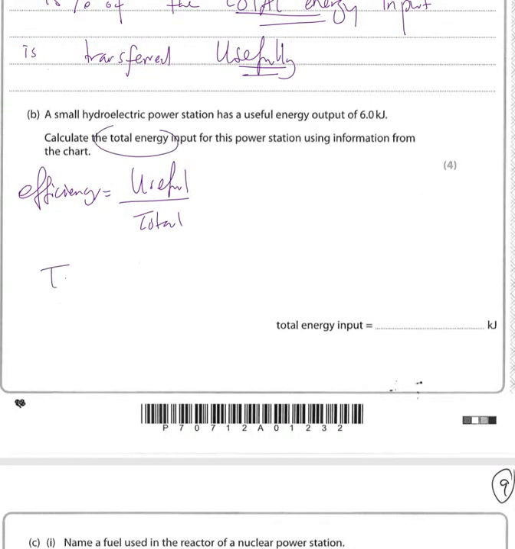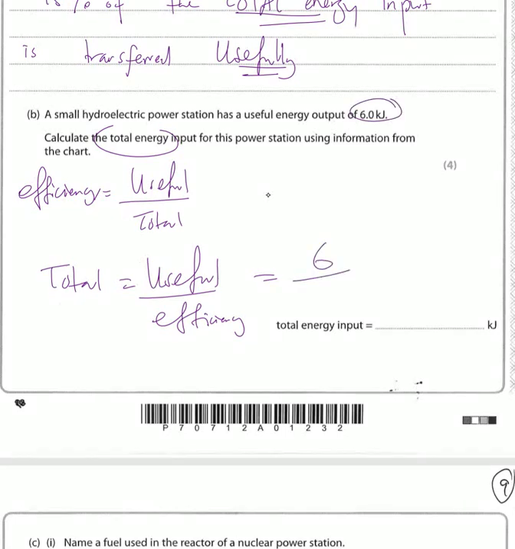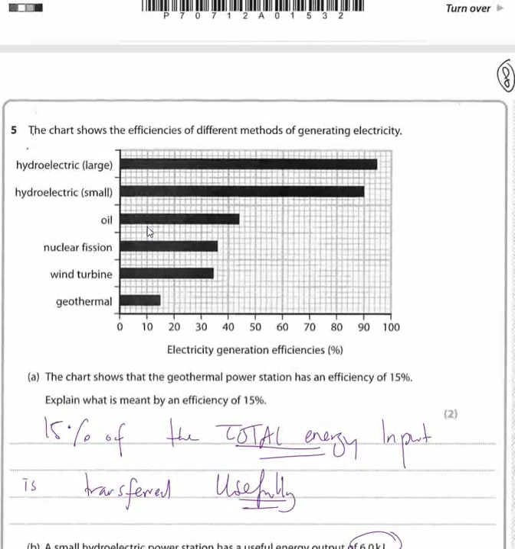Now, work out the total energy. I need to rearrange this for efficiency. Now, useful, it is 6. The reason why I leave it in 6 is because look at the units here. It is in K. Now, efficiency for what? Efficiency for the small hydro. Look at the graph. Here we go. Small. So go all the way to here.